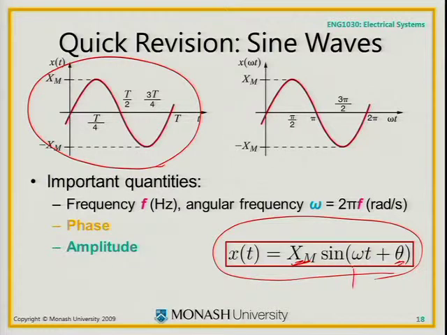What's omega? It's written just there. So omega is the angular frequency in radians per second. It's related to the frequency f in hertz by omega equals 2 pi f. So the important quantities are the phase, the amplitude, and the frequency. Remember, you've either got the angular frequency in radians per second or 2 pi f.